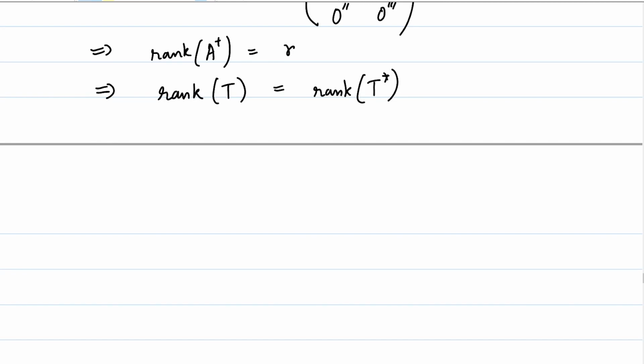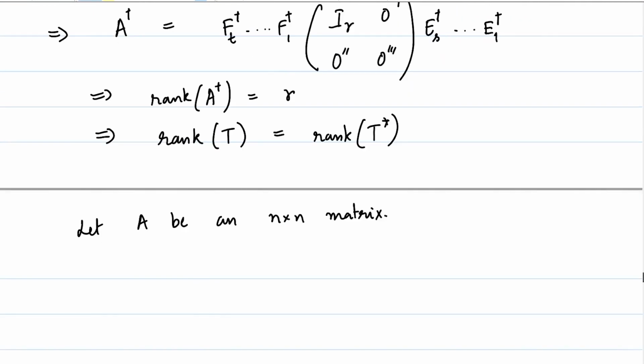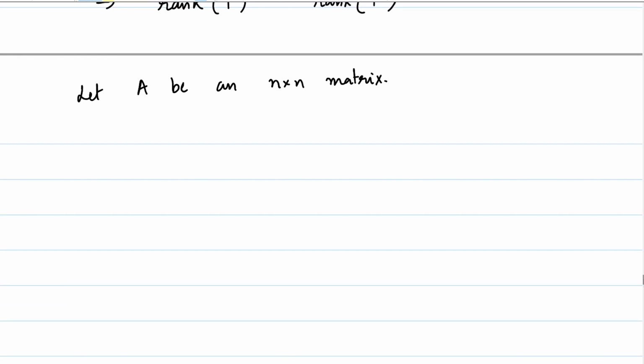So this is what we have been able to conclude by using the language of matrices. What else can we conclude? Let's look at what will be the determinant of A. So let A be an n cross n matrix. Then we'd like to explore what is the determinant of A star. We know that if A is not invertible, by one of the theorems we have proved, this implies that determinant of A is equal to 0.